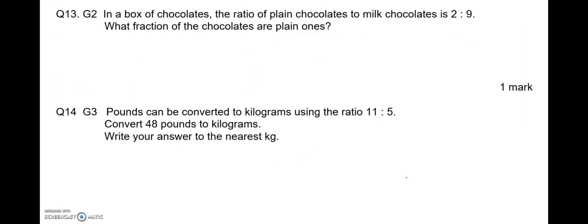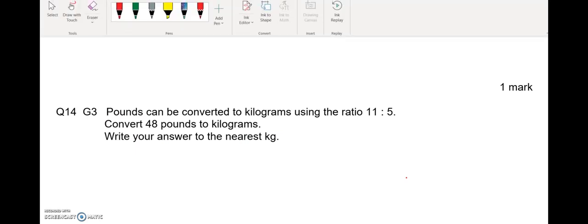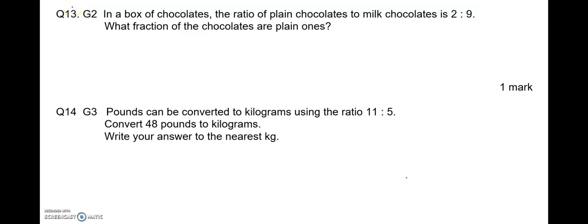This question is asking, in a box of chocolates, the ratio of plain chocolates to milk chocolates is 2 to 9. So the first thing to do would be to label this. So 2 represents the number of plain chocolates and 9 represents the milk chocolates.